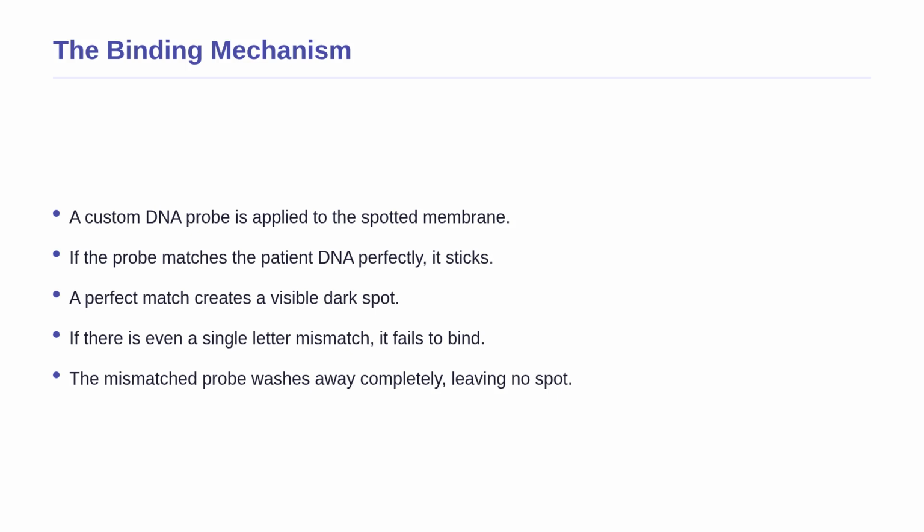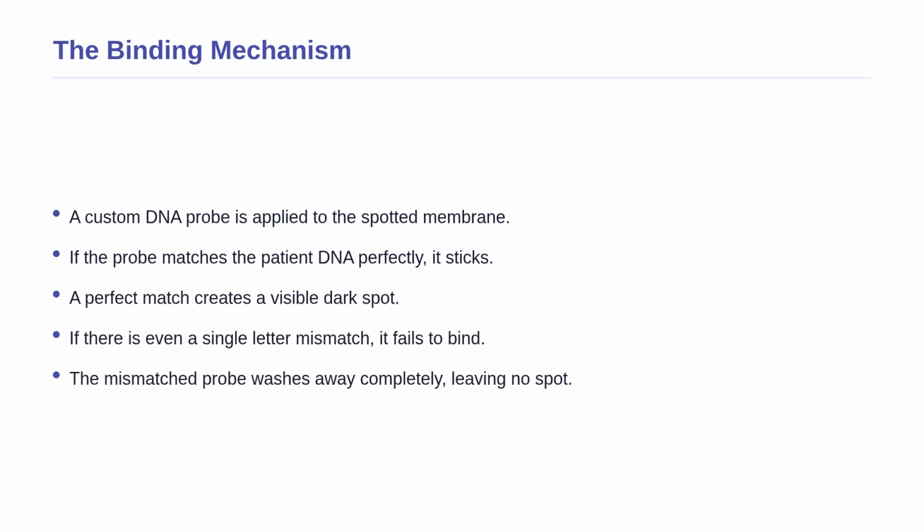Building on those definitions, let us look at how this mechanism actually works in the laboratory. Once we have spotted the patient's DNA onto the nylon membrane, we introduce our custom-made oligonucleotide probe. This probe is designed to be the exact complementary match to the mutation we are looking for. If the probe matches the patient's DNA perfectly, it sticks tightly and creates a visible dark spot on the membrane.